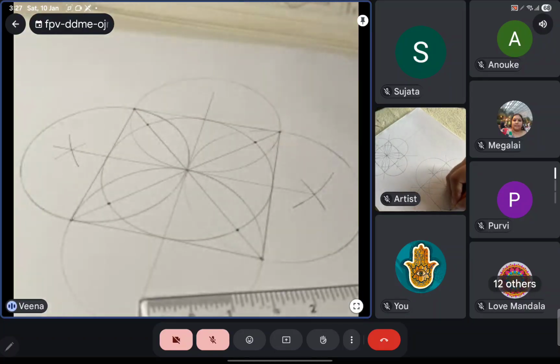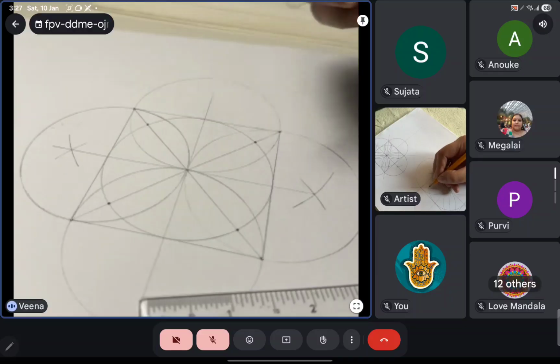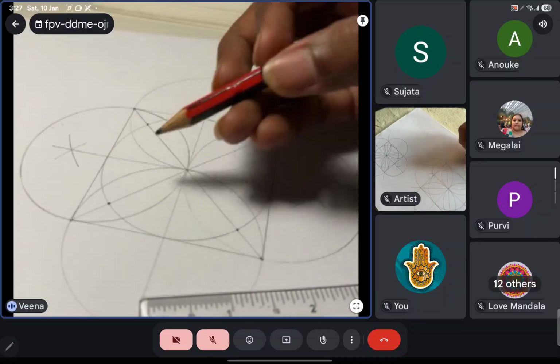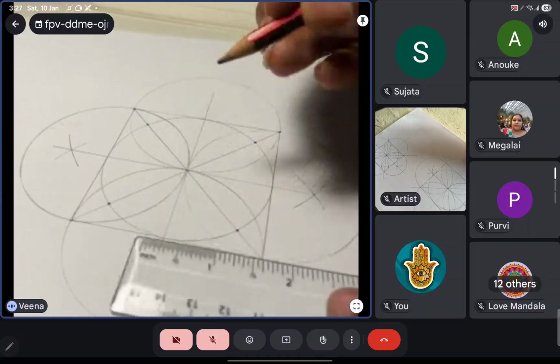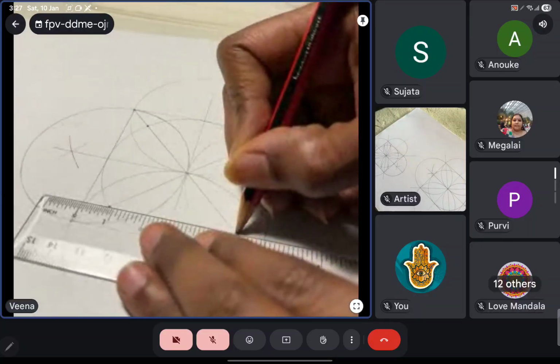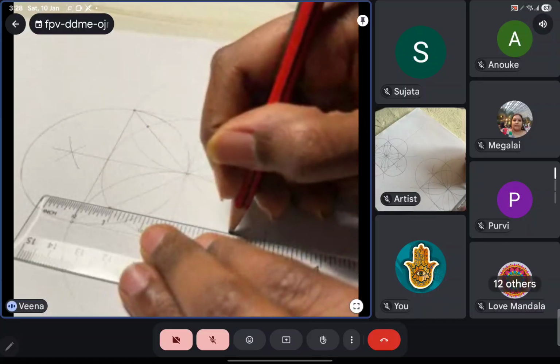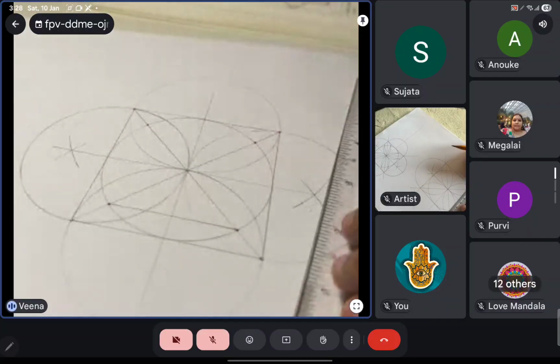This is one way, right? Instead of always using the black pencil, you could do this way. So you join these 4 points and then make like a square actually.